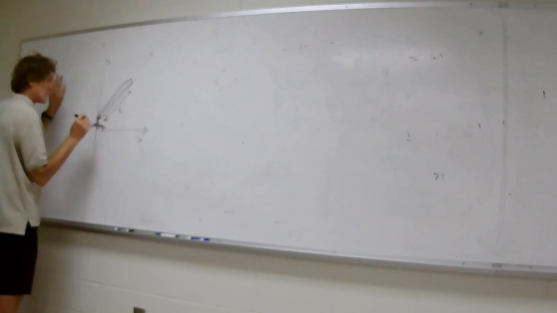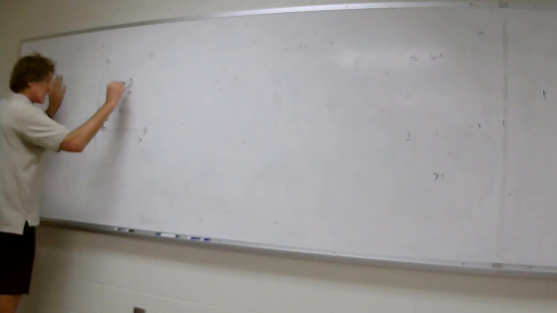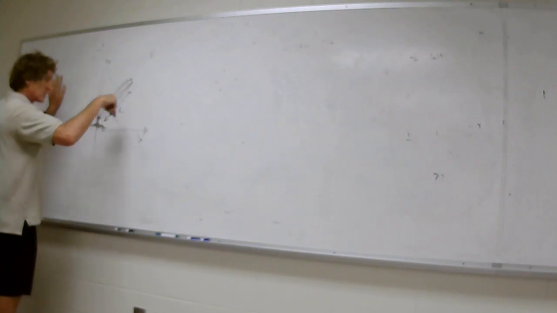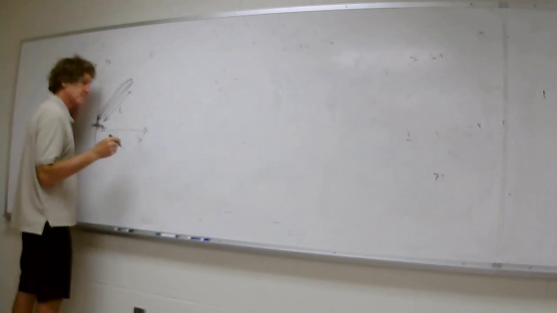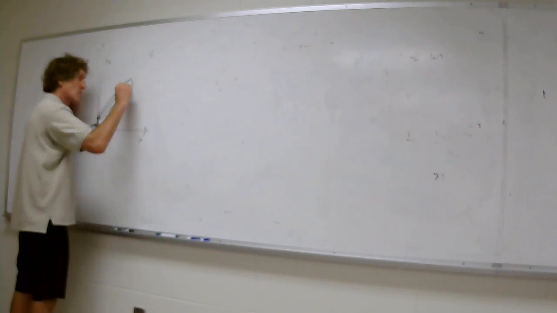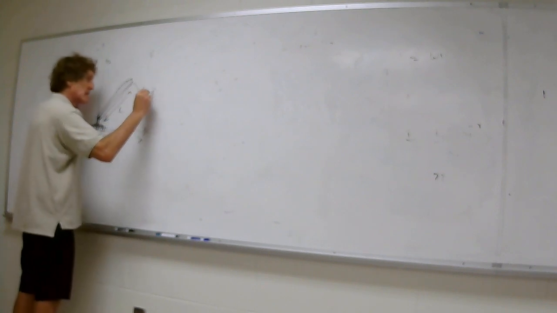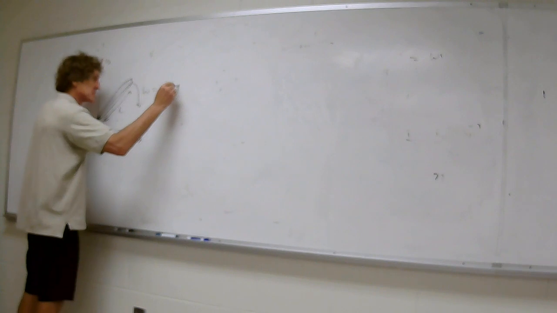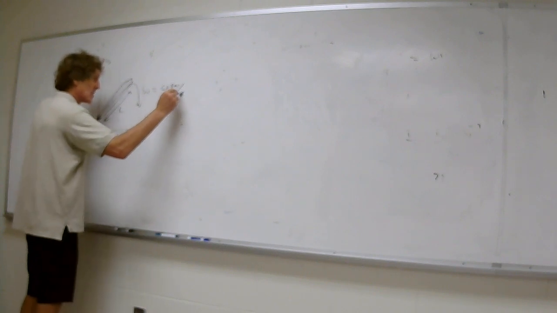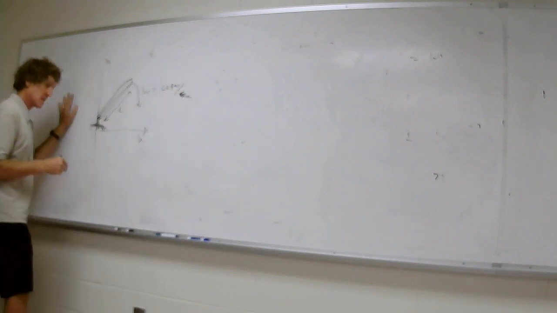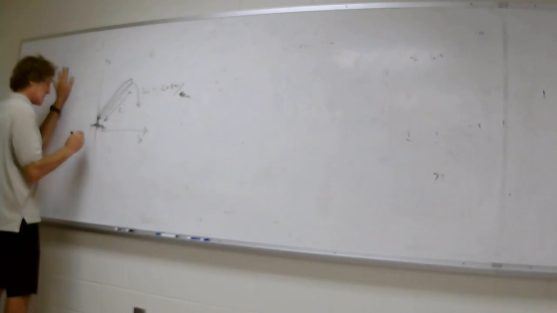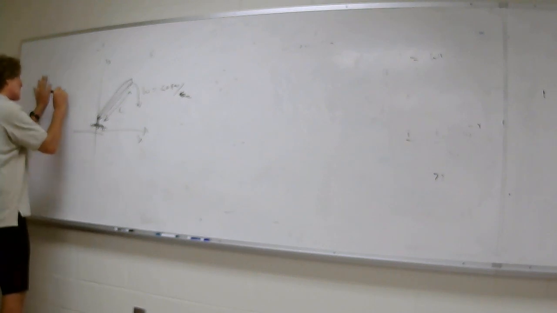It rotates at 60 revolutions per second in the magnetic field. Clockwise or counterclockwise? It does not say. All right, we're going clockwise. Omega equals 60 revolutions per second. And then the magnetic field is B equals 100 az millitesla.